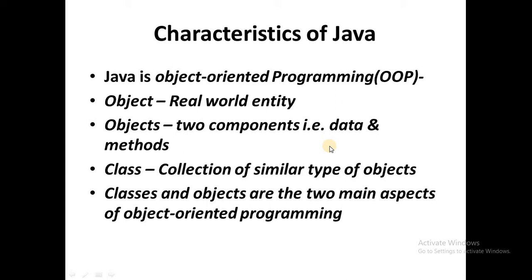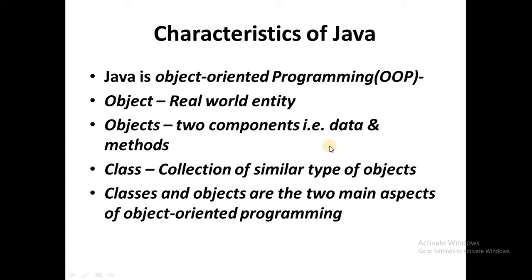What is an object? Object is a real world entity. Real world entity means physically existed. For example, whatever we see in the world, those are all objects.